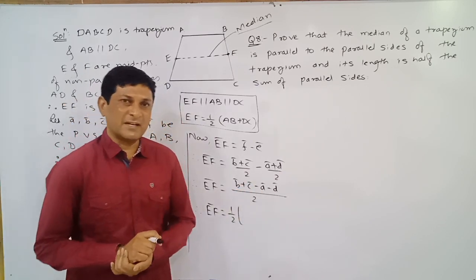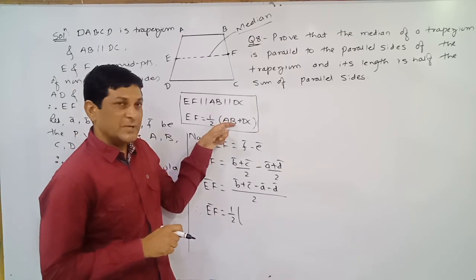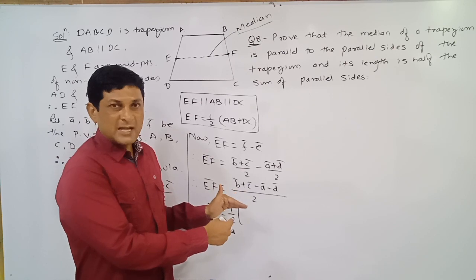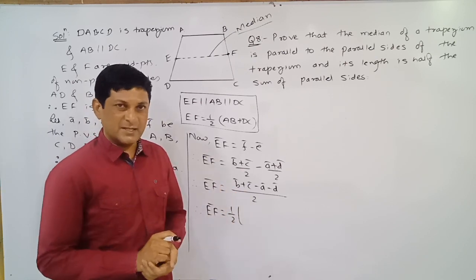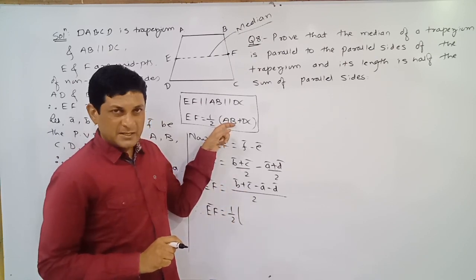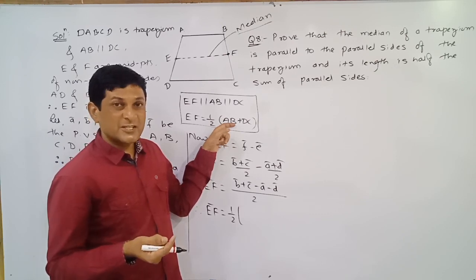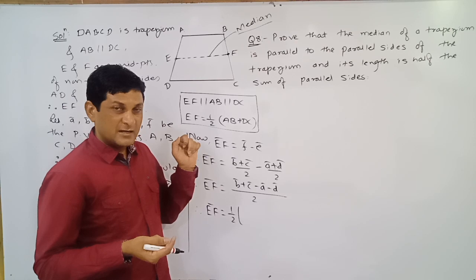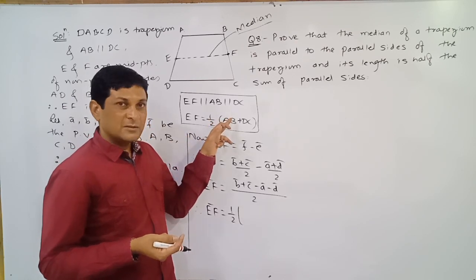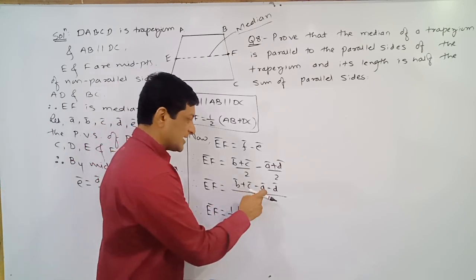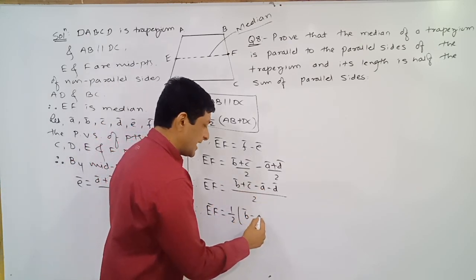Now if you observe our required result, what is the first term? AB. Our required result is in terms of vectors. To get AB bar, which in terms of position vectors can be expressed as B bar minus A bar, we have to collect the terms B bar minus A bar.